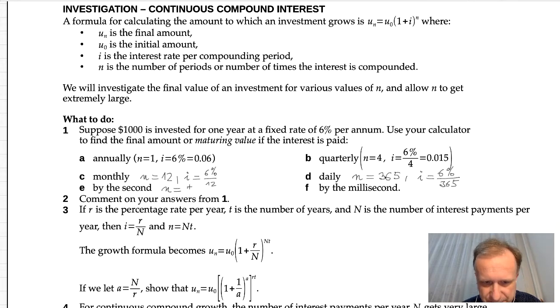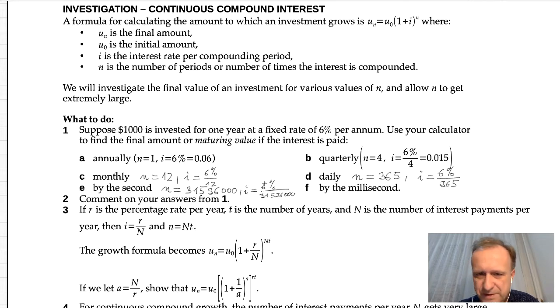It's 31536 and 3 zeros after that. So I would say it's 31,536,000. This is the number of times the interest is compounded, and therefore I should be 6% divided by this number, 31,536,000 times.